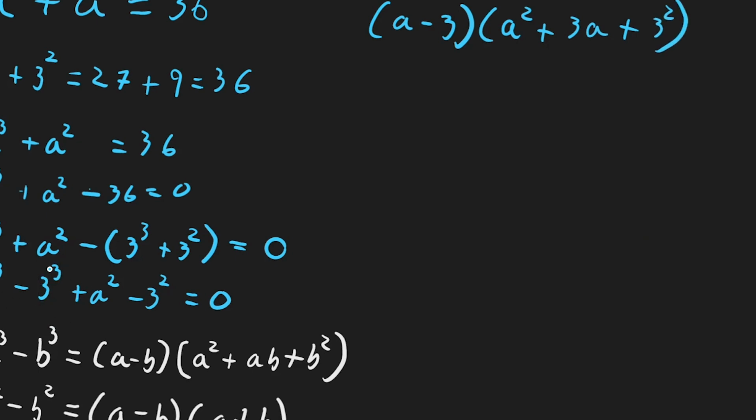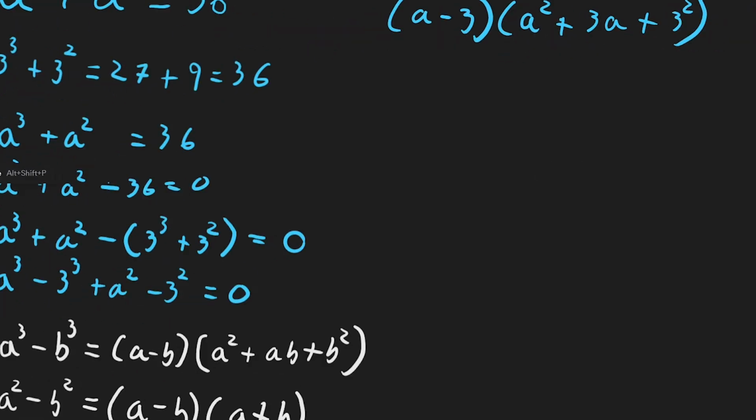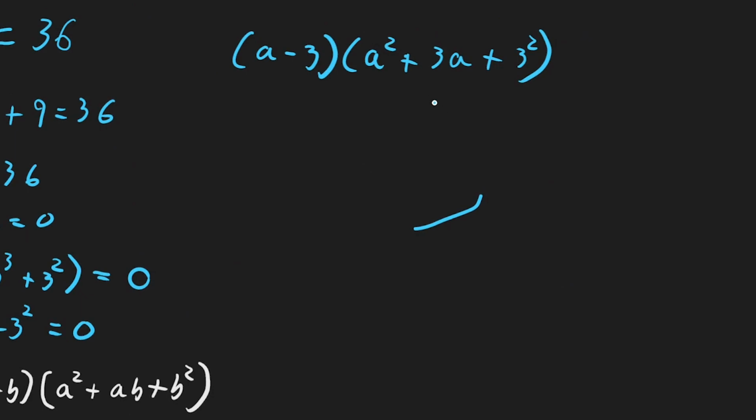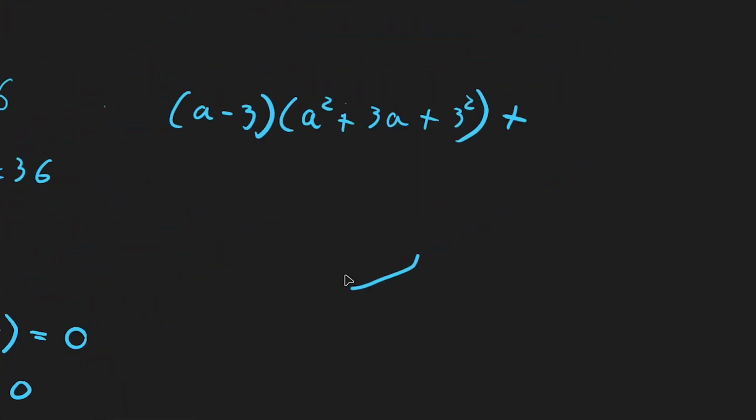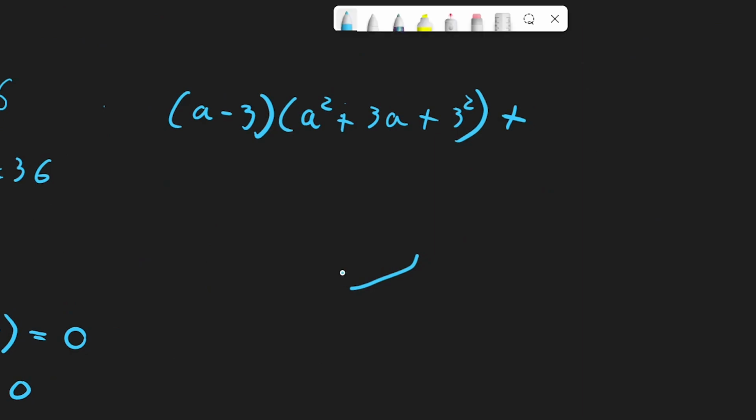And this is the first part of the equation, so we can say plus a minus... so this is the first part of this, and I'll just move the blackboard so we can see what will come next. So plus, and then we will use the last rule right here on this: a minus 3 times a plus 3. All right, and I can just erase this.